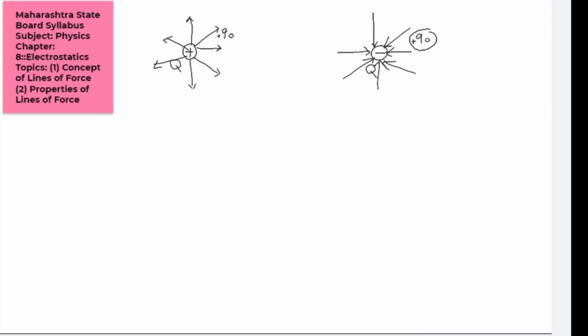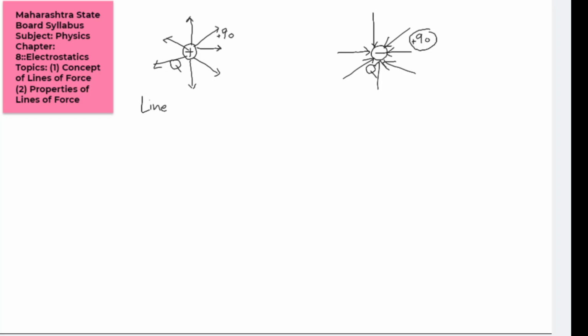So from this discussion we can conclude what lines of force are. These arrows are showing the lines of force. So how will we define the lines of force?